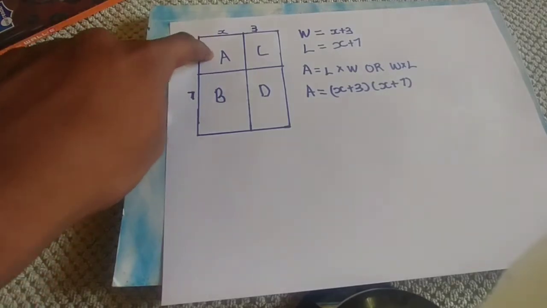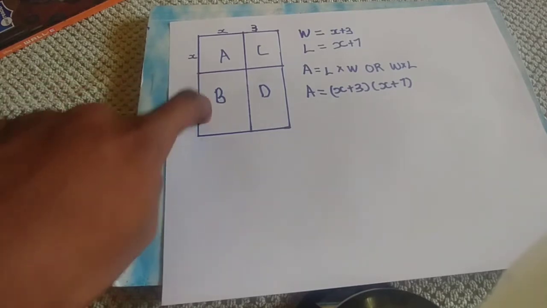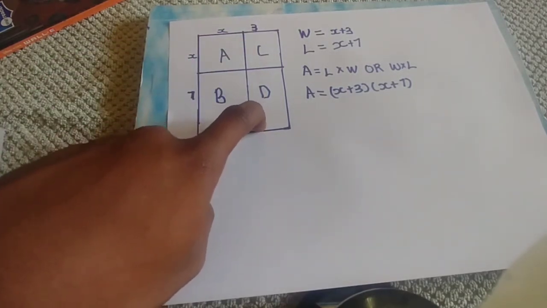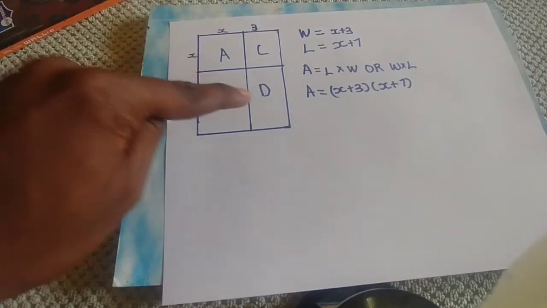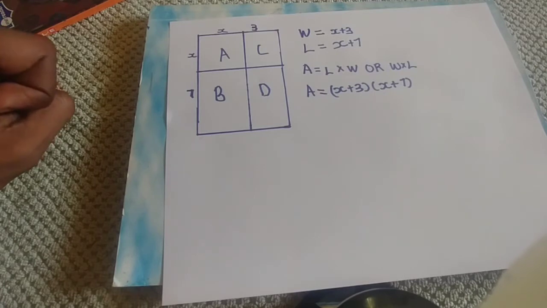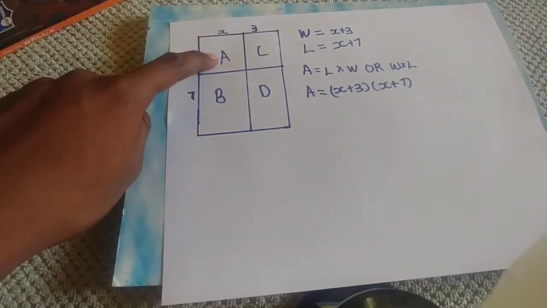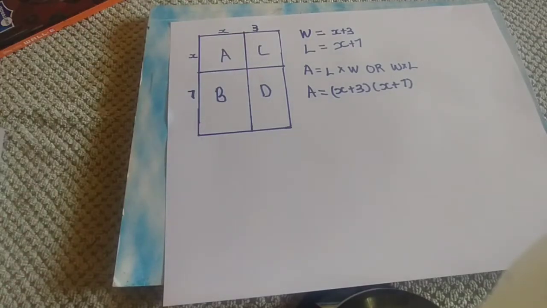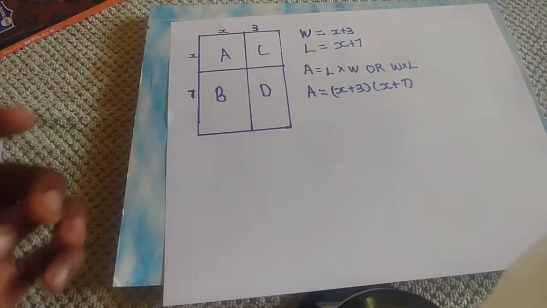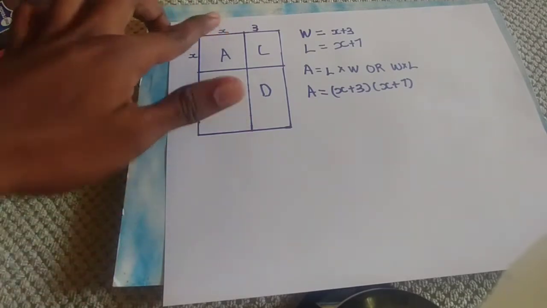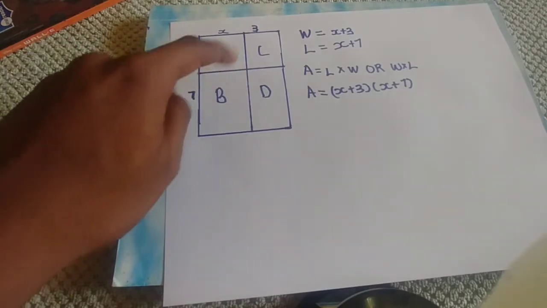So this first piece, we call it A, we call this one B, we call this one C, and we call this one D.